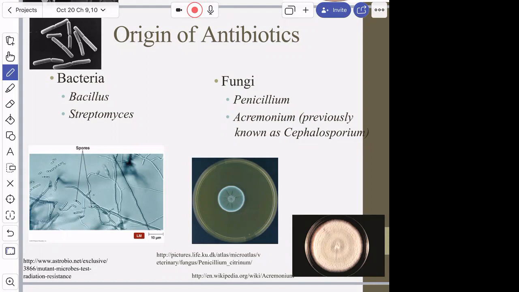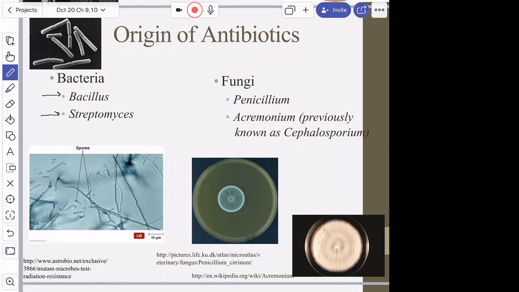We're not really sure. Okay, but just some examples of some genera that make a lot of medically useful antibiotics. Bacillus, we use some Bacillus in the lab. Bacillus are very common soil organisms, along with Streptomyces. Again, these are soil bacteria. About half of the antibiotics in use now come from Streptomyces.